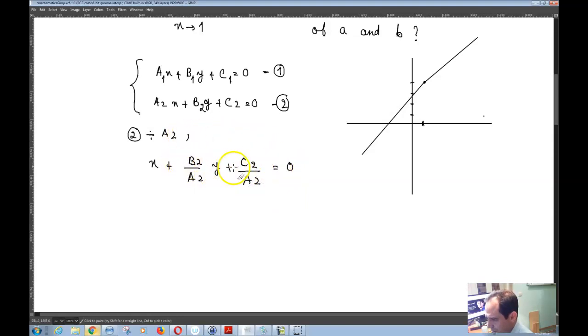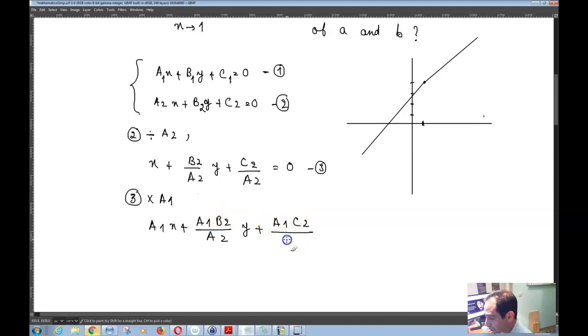Call this number 3, and then I multiply equation 3 by a1, so I will get a1x plus a1b2 over a2 times y plus a1c2 over a2 is equal to 0.